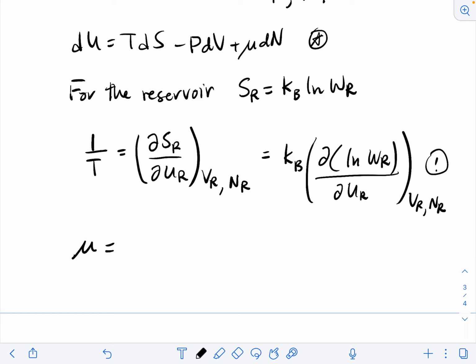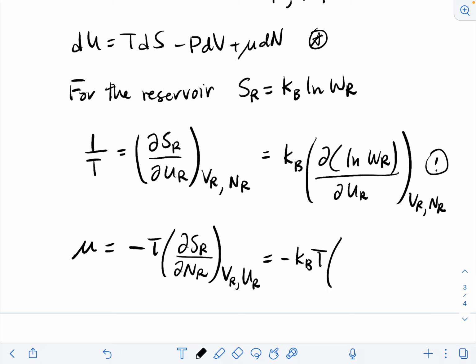What we're going to have to do is hold V and U equal to a constant, and then if we solve for the chemical potential, it would be minus T dS dN, again at constant volume and constant internal energy. Substituting S is Kb ln W, we're going to get minus KbT d ln Wr dNr. Now this is at constant V and constant internal energy. We'll call this number sign.